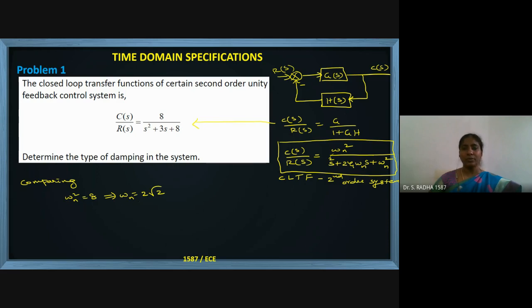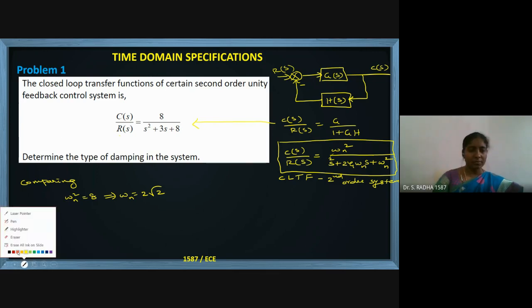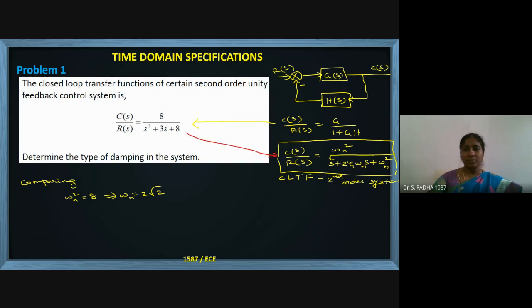Then the denominator you check. If I check the denominator, 3s is present and here I have 2 eta omega n s. So 3s is nothing but 2 eta omega n s.